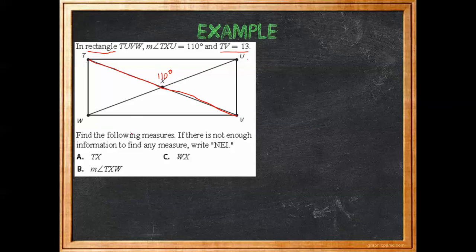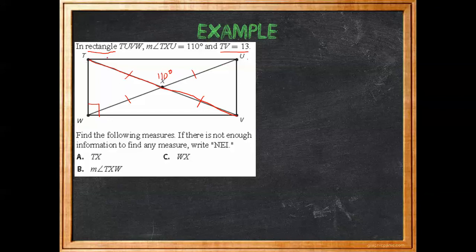Okay, so we want to find the following measures, and if there's not enough information, then we'll write NEI, which is not enough information. Okay, so remember, the properties of a rectangle are all of the parallelogram properties in addition to, okay, now we know that the diagonals are congruent, and we know that we have four right angles, okay?